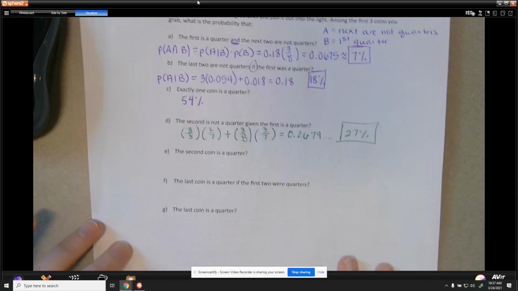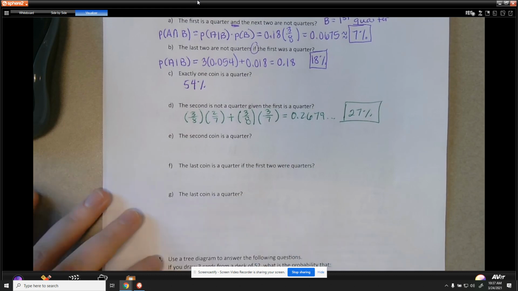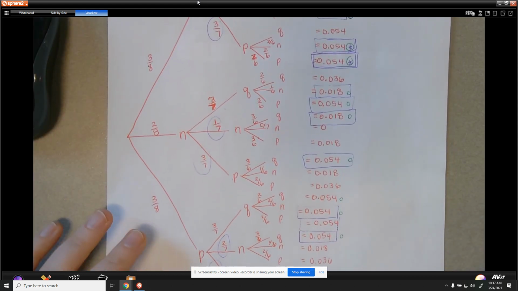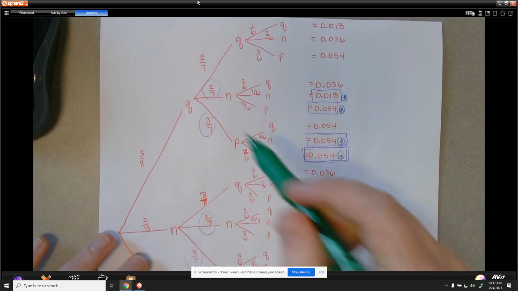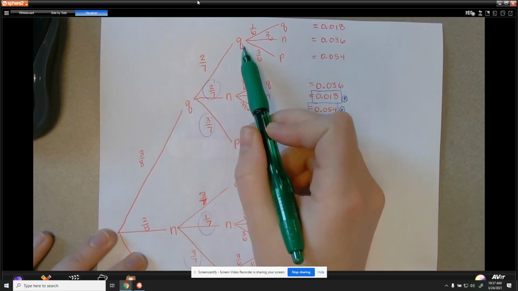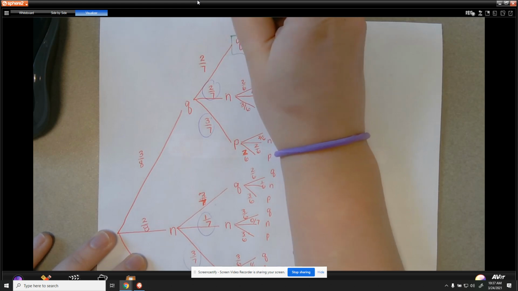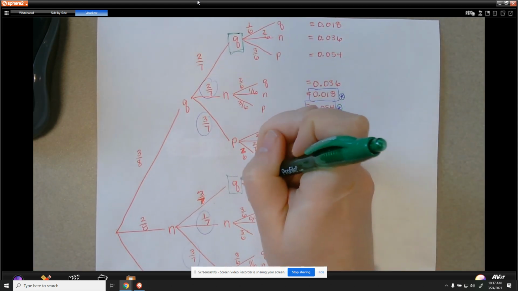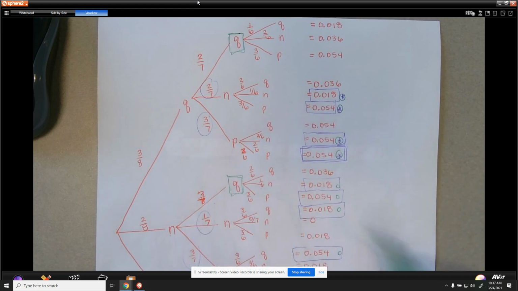Okay, then that the second coin is a quarter. So similar, second coin is a quarter. I've got to circle these branches. It doesn't say anything about the first quarter, so it could be here. It could be this probability to get to here, so this times this. Plus it could be this one, this times this.